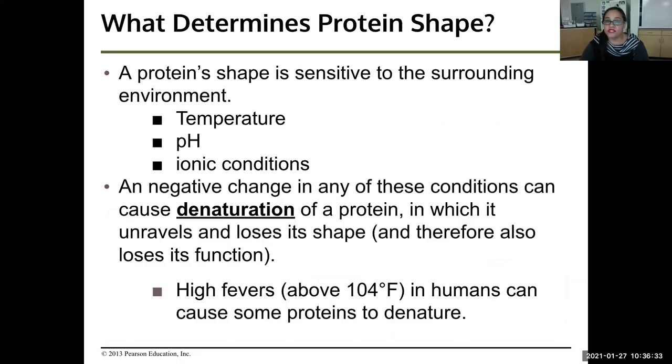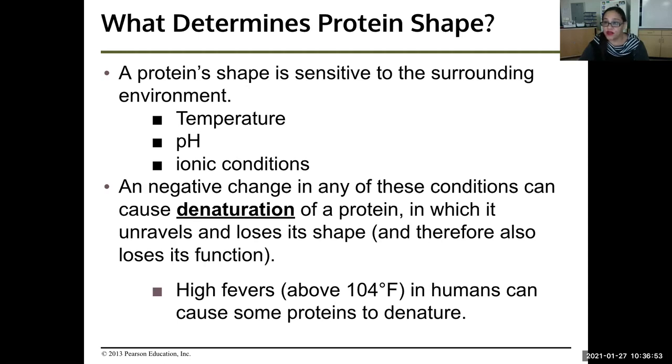A protein's shape is sensitive to the surrounding environment. It can be affected by temperature, by pH, and by ionic or salt conditions. A negative change in any of these results in denaturation, like I just said, where it unravels and loses its shape and therefore also loses its function.